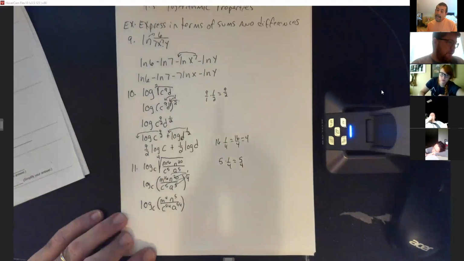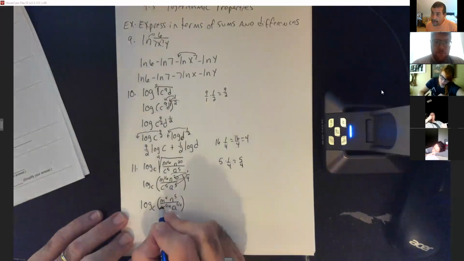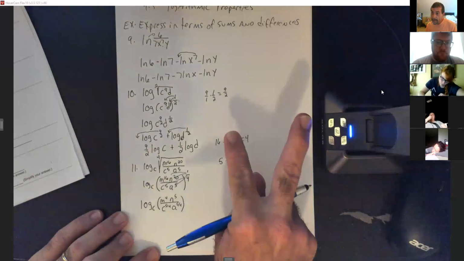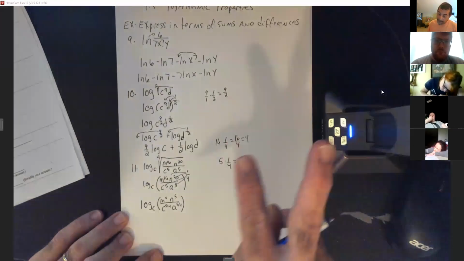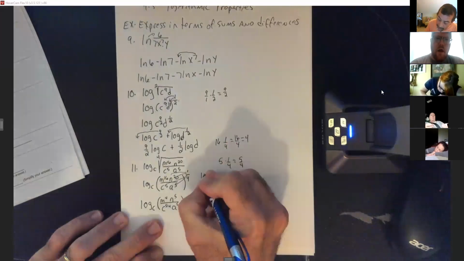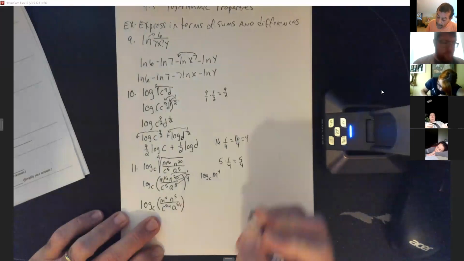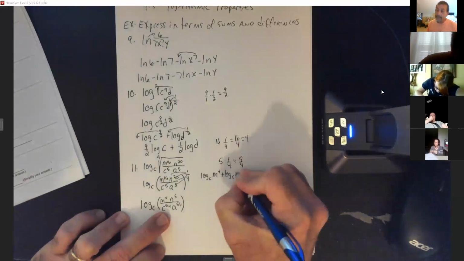So now what we want to do is rewrite it as sums and differences. So remember, if it's on top, it's going to be positive when we rewrite it. If it's on the bottom, it's going to be negative. So this would become a log C of M to the 4th plus a log C of N to the 5th.